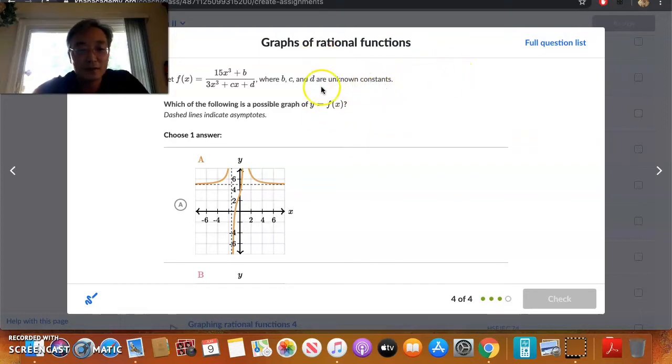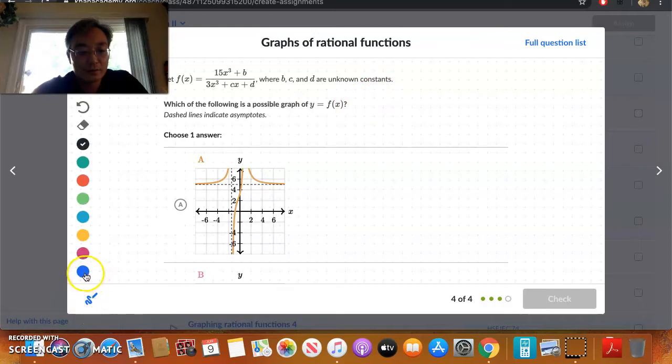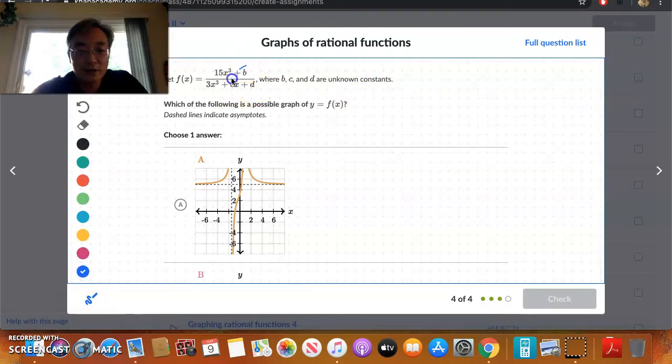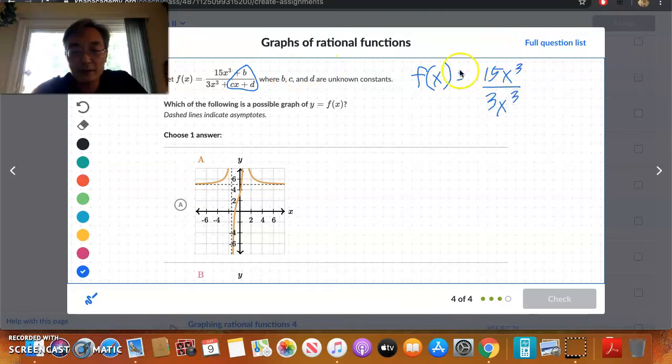So the only thing we know is the leading coefficients. I have no idea what b, c, and d are, but I do have these two. So if I were to say f of x is equal to 15x cubed over 3x cubed, that would be an approximation.